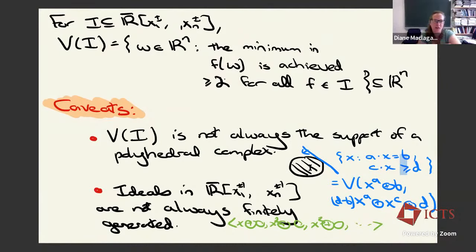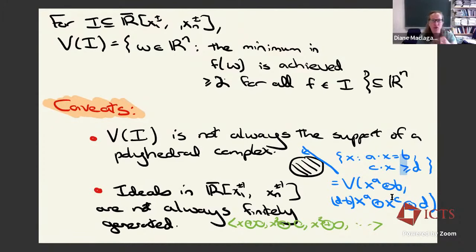I take my favorite plane a dot x, I take a circle in that plane, and I throw in all of the supporting hyperplanes, and I add those equations to this ideal. That'll be an infinite number of equations, but I take the variety of the ideal generated by all of those, and that will give me the circle.